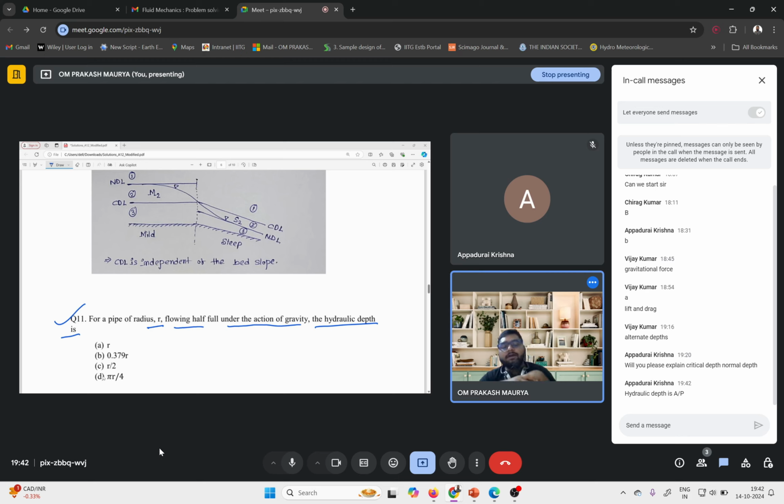No, hydraulic depth we are talking about; this is hydraulic mean radius you are talking about, area by perimeter. The question is asking about hydraulic depth, that is area by top width. A by P is the hydraulic radius.